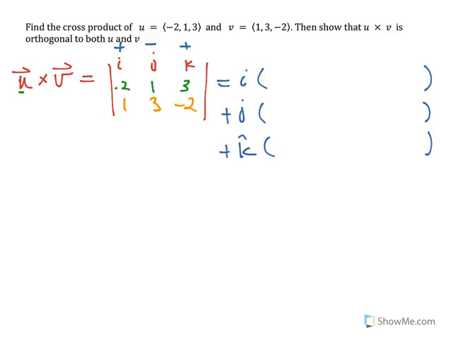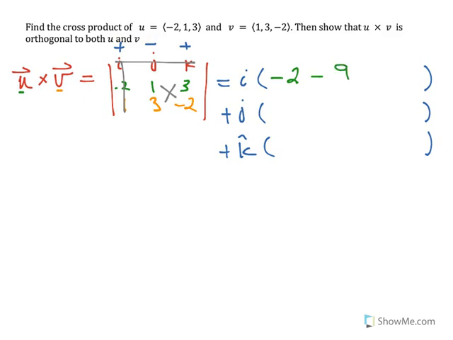Okay. So first, if you want to find the x component of that new vector that's going to be perpendicular to both of them, we need to cross its row and its column. So let's imagine that we're crossing this one and that one, and then we multiply these like that. So 1 times minus 2 is negative 2, then minus 3 times 3 is 9.